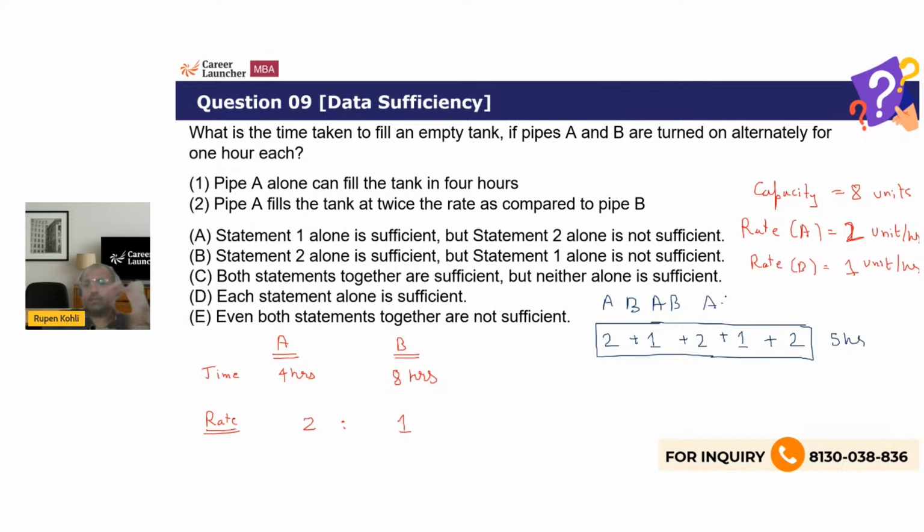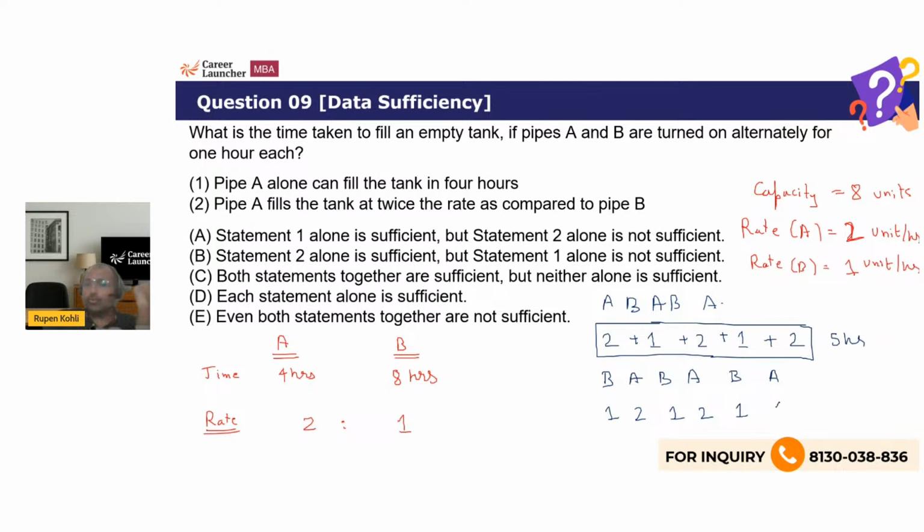If it was B that started filling, then B, A, so 1, 2, 1, 2, still 6 units is done. But now if B comes, it will not be able to fill the tank. 5 hours have elapsed, but only 7 units have been filled. Still, A will be required in the sixth hour.